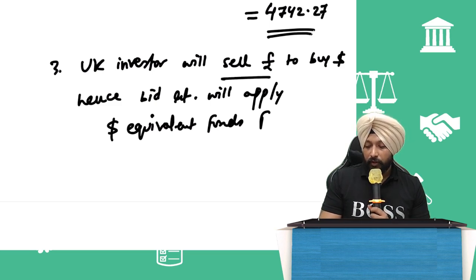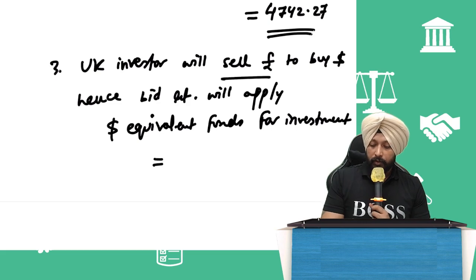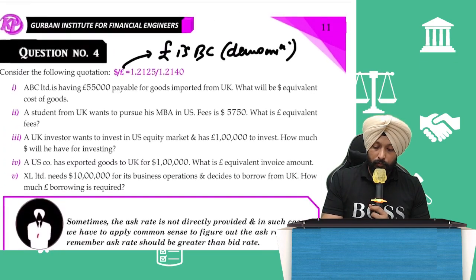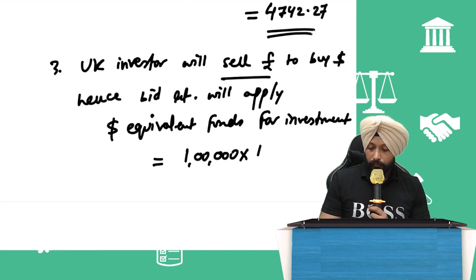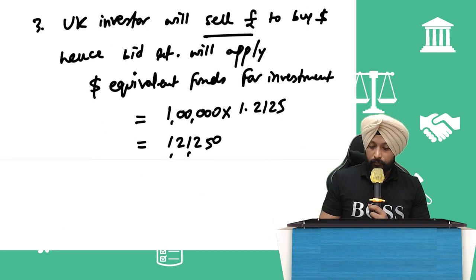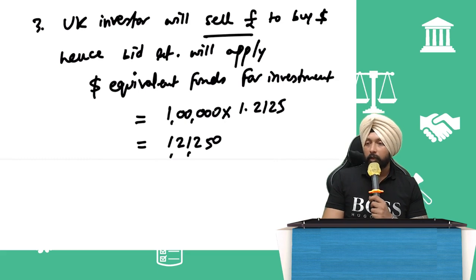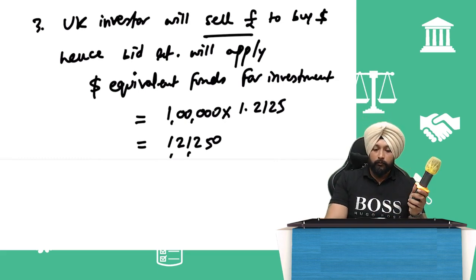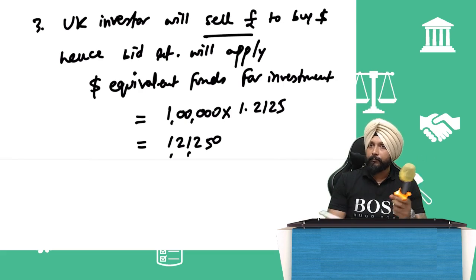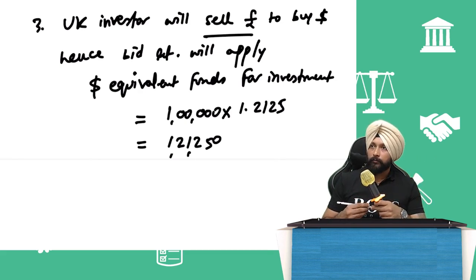Next, dollar equivalent funds for investment is equal to 1 lakh into 1.2125. 121,250. Correct?